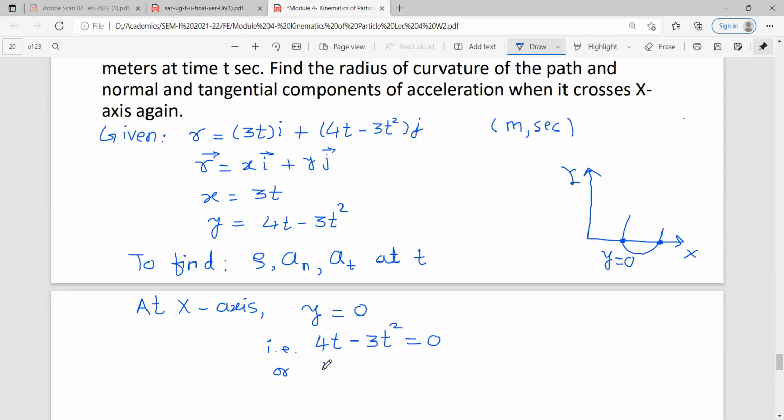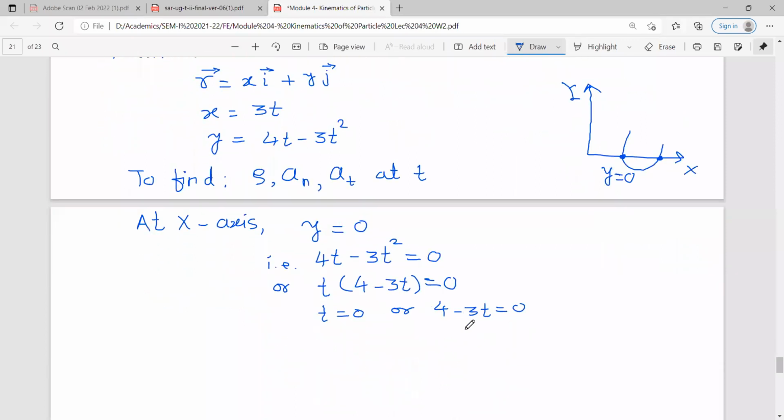Or one can write it as t into 4 minus 3t equal to 0. So one can say either t equal to 0 or 4 minus 3t equal to 0. From here you will find that t is equal to 4 by 3, which comes as 1.33 second.